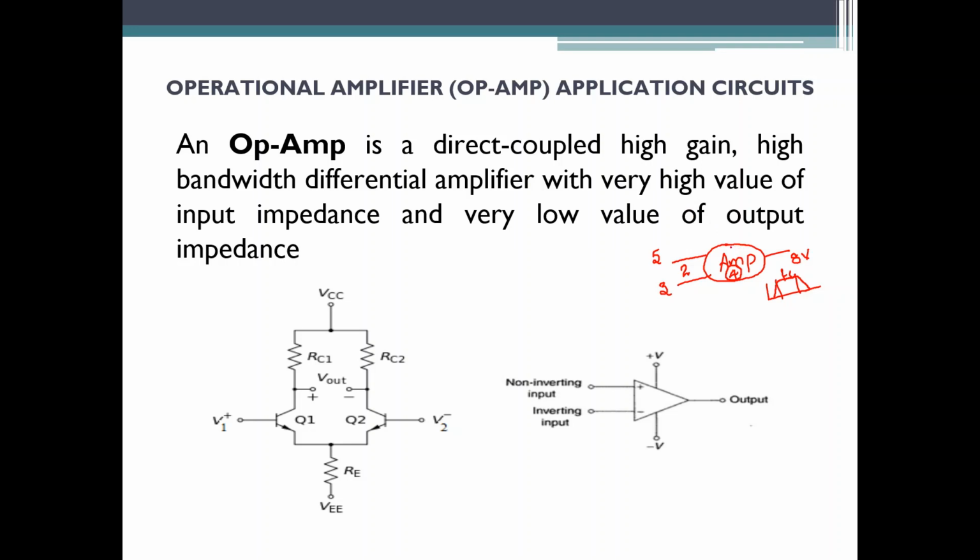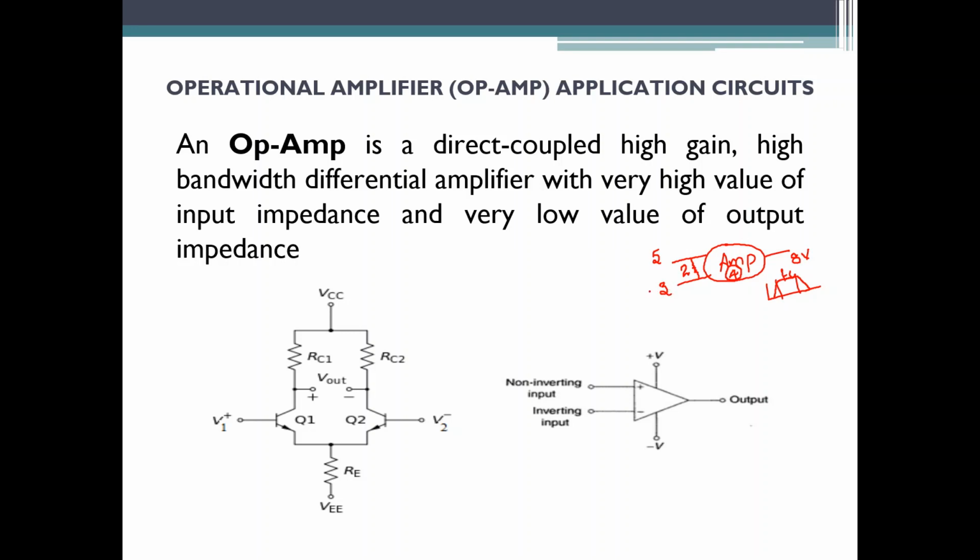It is a direct coupled high gain, high bandwidth differential amplifier with high input impedance, which means that when I give a signal to this amplifier, the input resistance offered will be comparatively higher. This is a general character I expect from a very good amplifier.